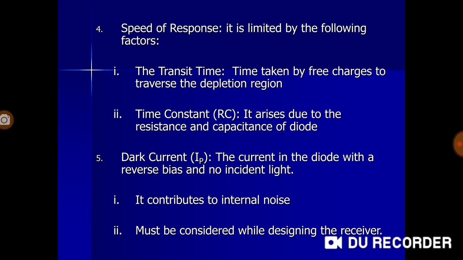So it is an internal noise that must be considered while designing the receiver, because the photons that are incident will create corresponding electron hole pairs which will be converted to current. That has to be more than the existing current, and the dark current should not be considered as the corresponding output current. That is why we need to consider it.